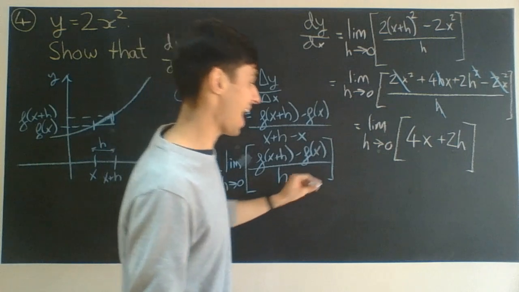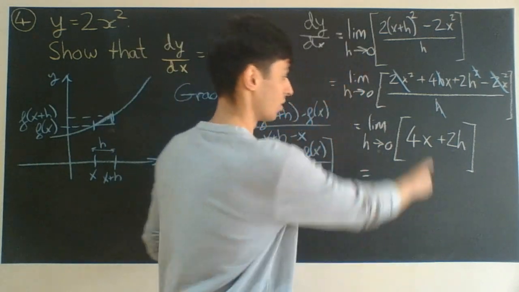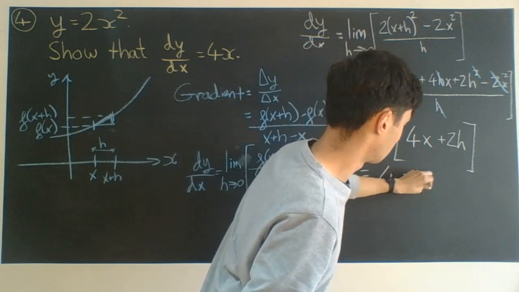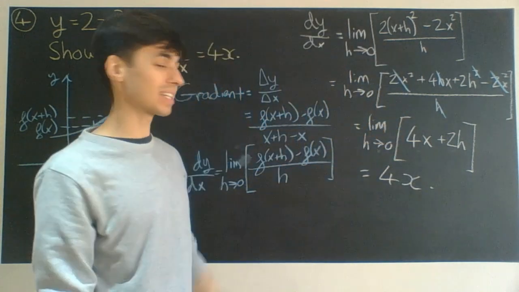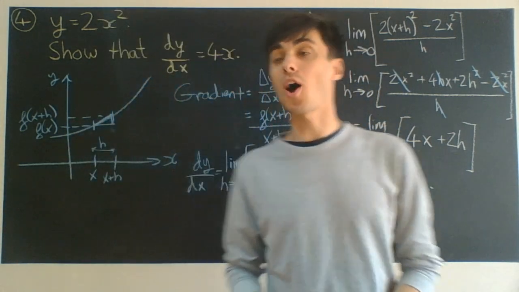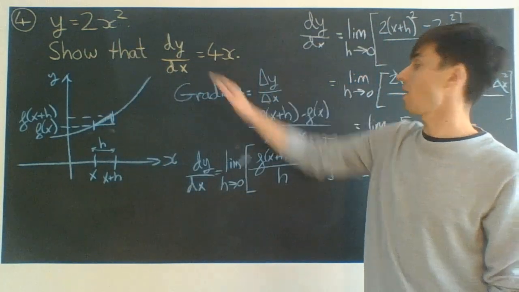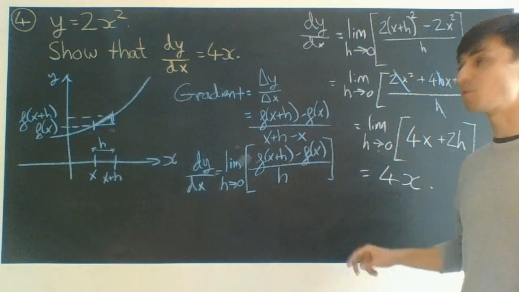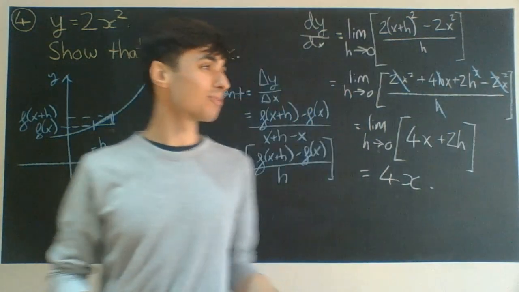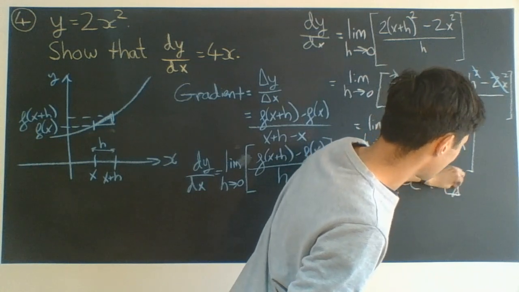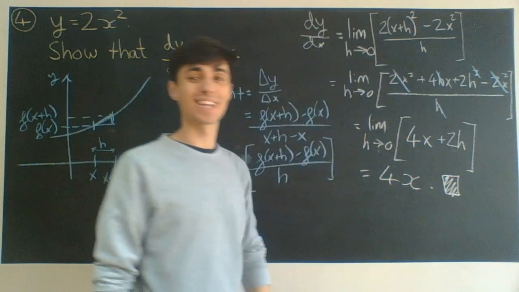So this limit actually just leaves us with 4x. That was exactly what we wanted to prove at the start, wasn't it? If y equals 2x squared, dy dx is 4x. We've proved it for ourselves, and to finish off a nice proof, you can often write a square that you've shaded in like so.